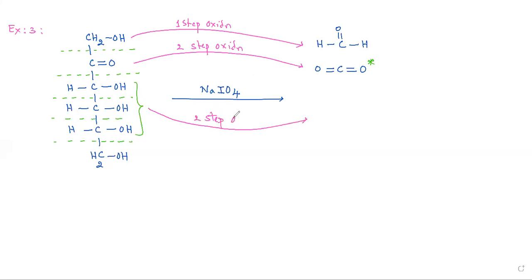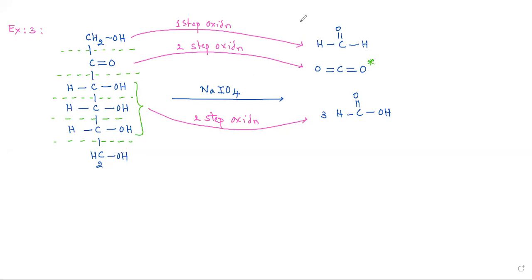In two-step oxidation, after breaking the bonds, they are all primary kind of. Just imagine them as primary. So primary alcohols, when they undergo two-step oxidation, in the first step form aldehydes and in the second step form acids. All three form formaldehyde in the first step, and in the second step, formic acid.